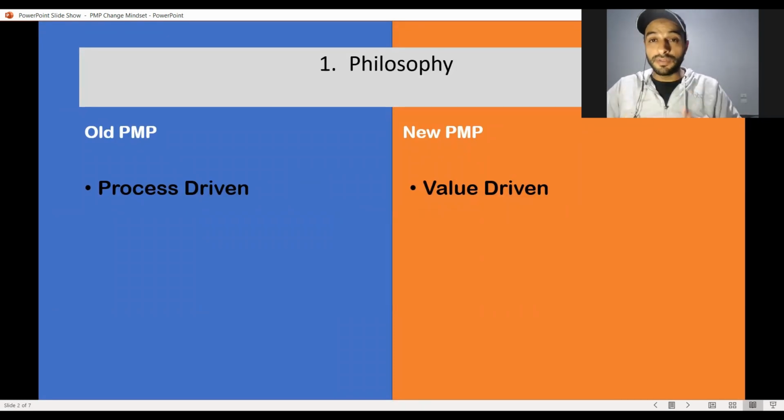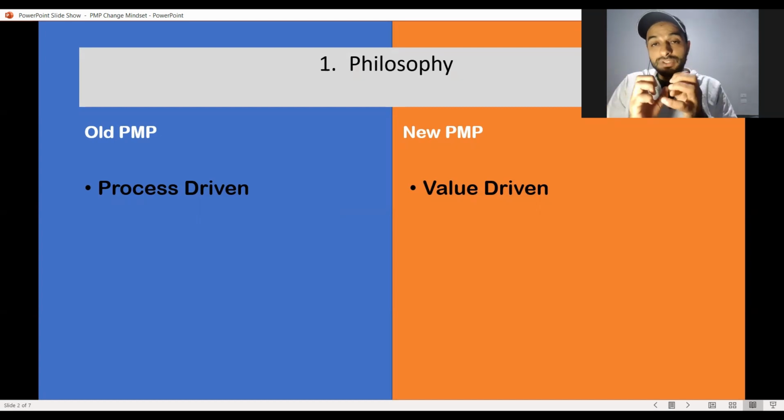What is the philosophy of the old PMP edition and the new PMP edition? In the old PMP, it was process driven. We have 49 processes, and we go through process by process in order to achieve the project objectives. But in the new PMP edition, it's value driven.